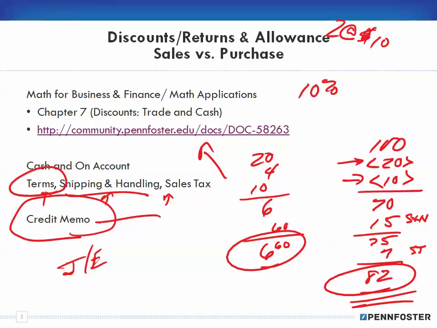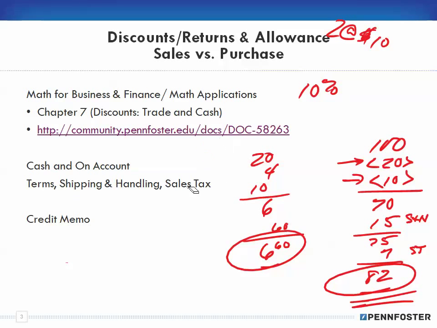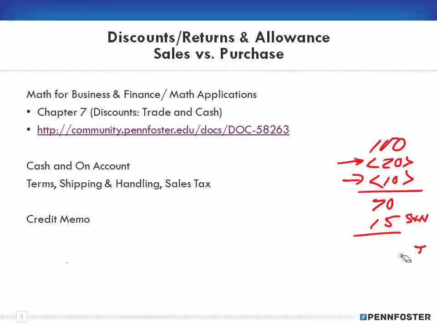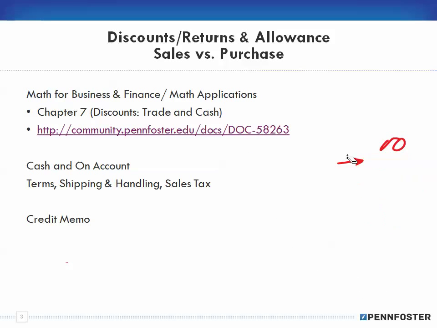Now, as we get more and more complicated with this, when you have multiple invoices and credit memos and terms, you know, sales terms, meaning you're given net, 2% 10, net 30, that type of thing, what you need to do is go back and look at all of your journal entries.